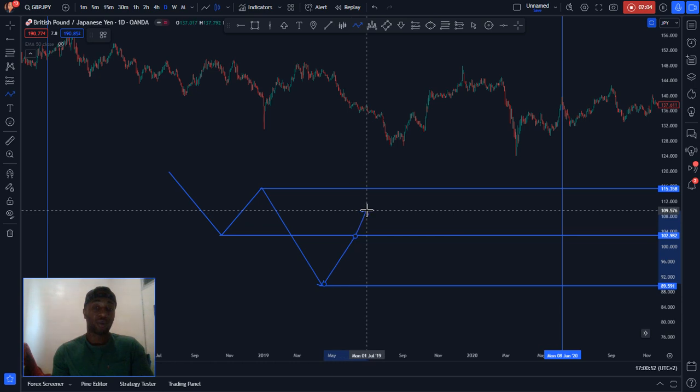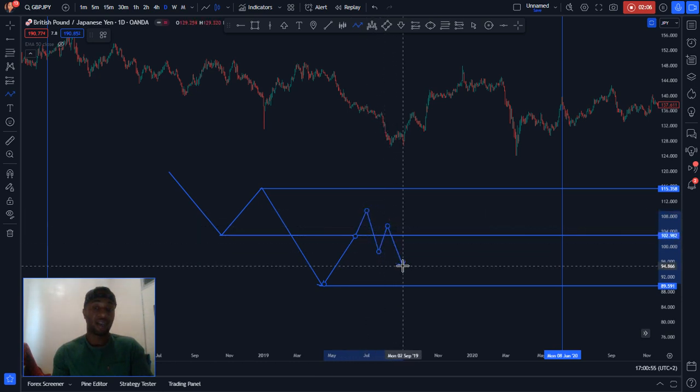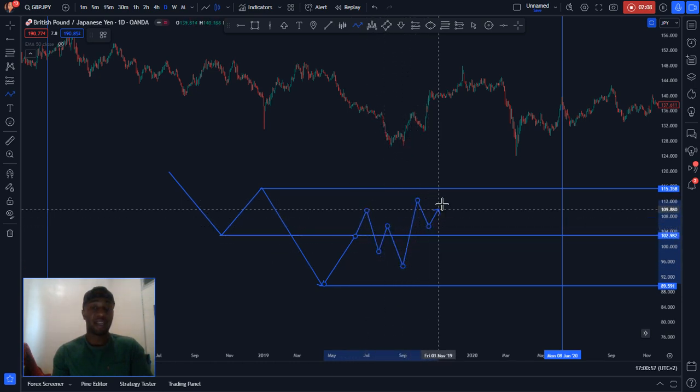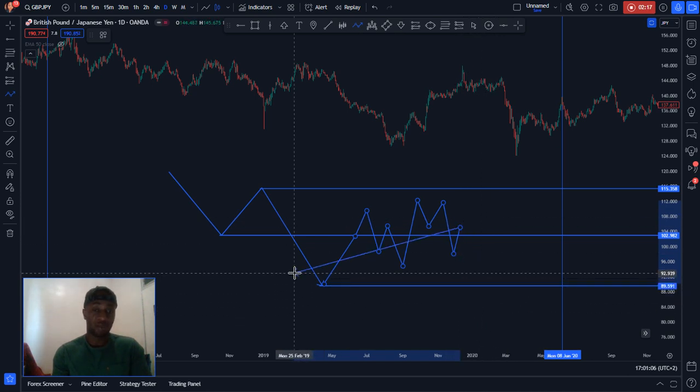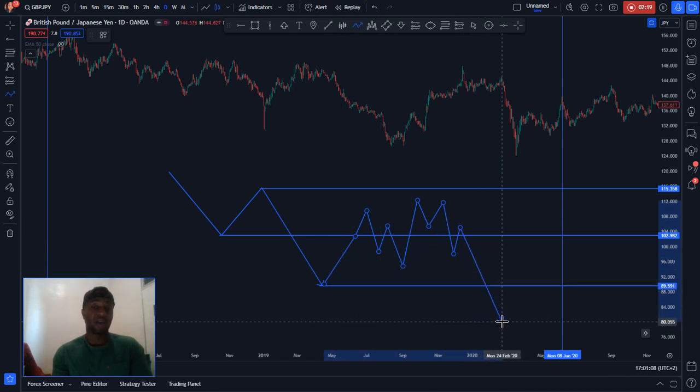Whatever is going to happen here, as long as it has not yet broken below this point right here, it can't be the new lower low. The market has to break below this previous point for us to say, okay, now this is the new lower low.